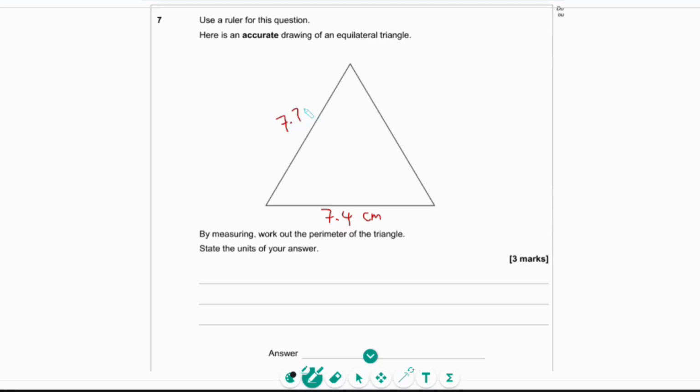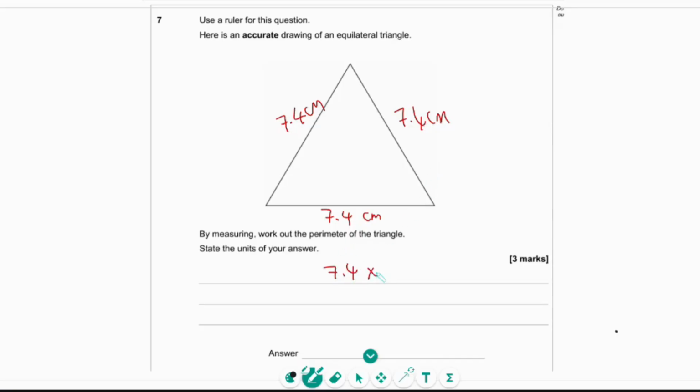It's an equilateral triangle, so the sides are all the same. They would have allowed an error of 2 millimetres each way. So anything from 7.2 to 7.6 would have got your marks here.